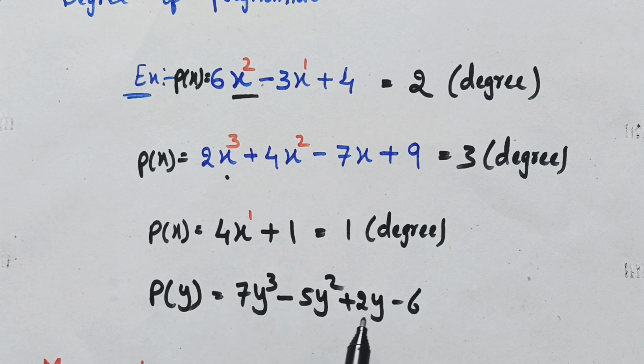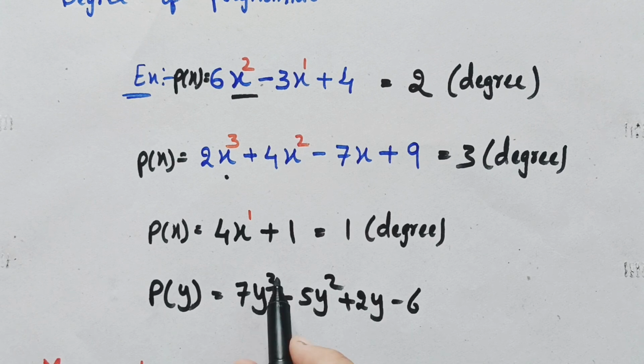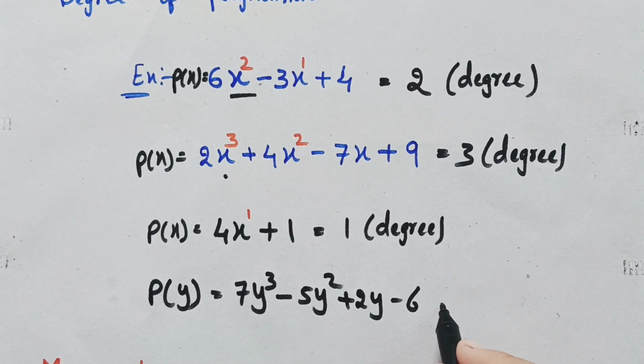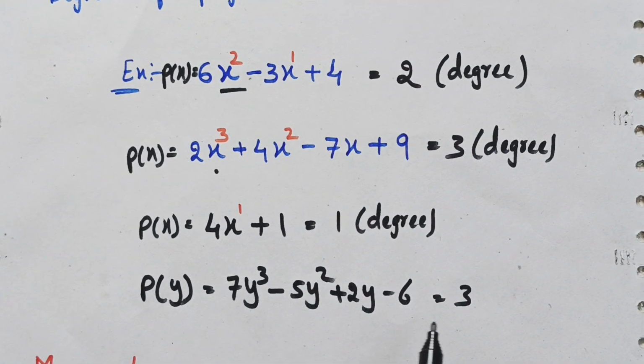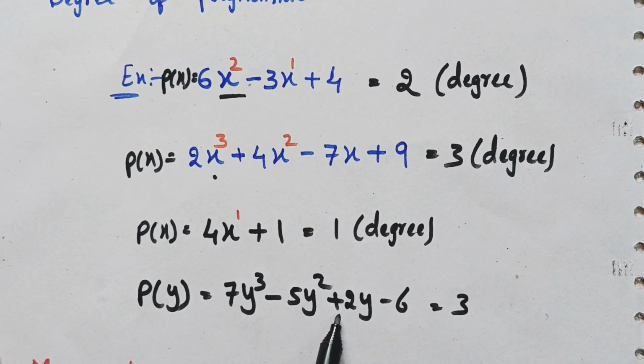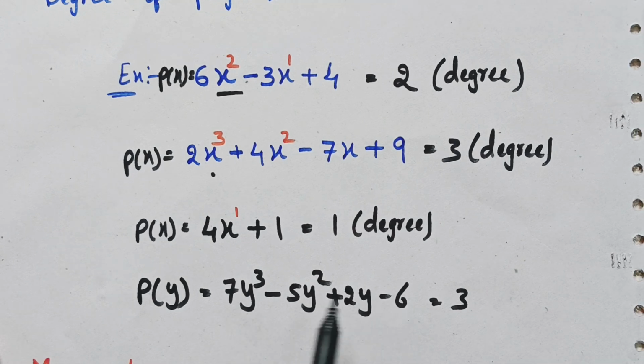What is the degree of this polynomial? The highest power of the variable, which is cube. So here the degree is 3. Have you got it? Among all the terms, whichever variable has the highest power, that power is the degree of that particular polynomial.